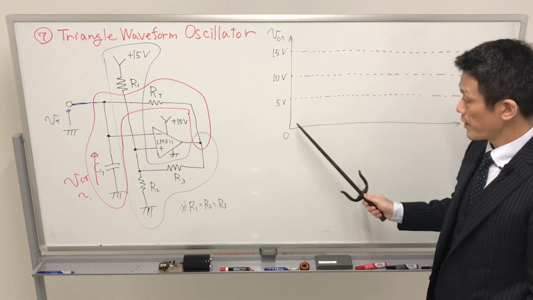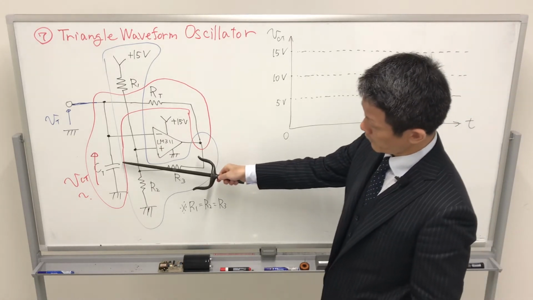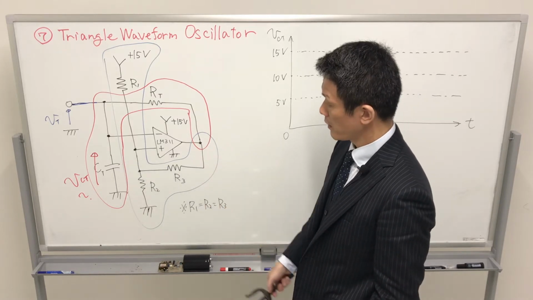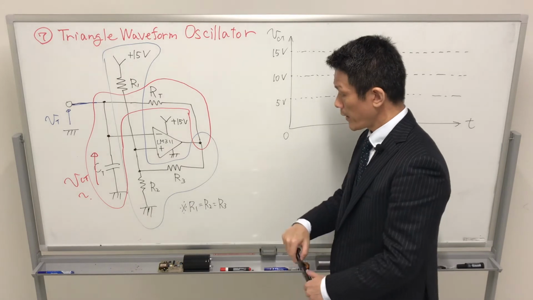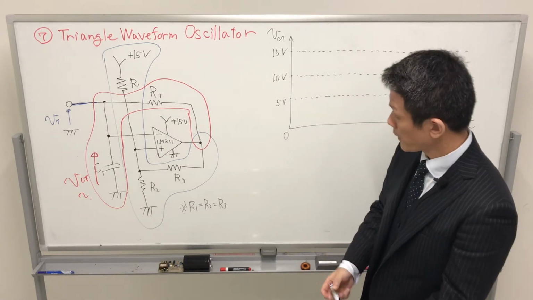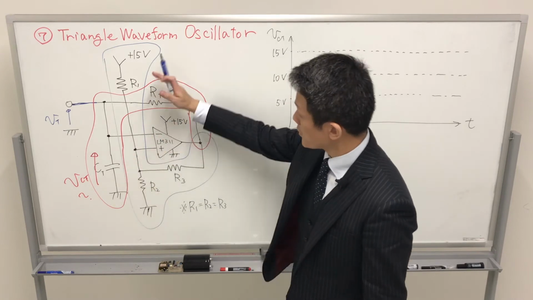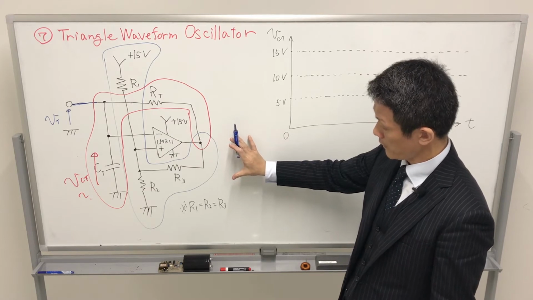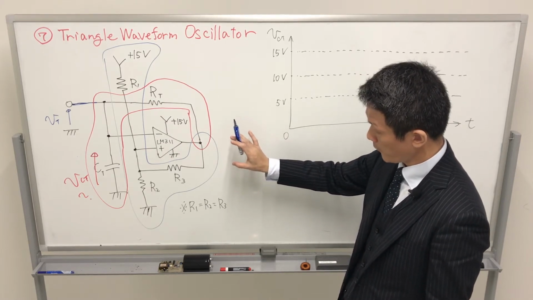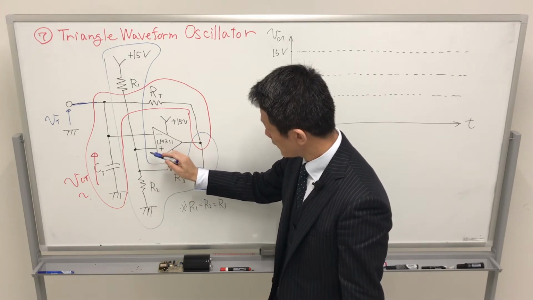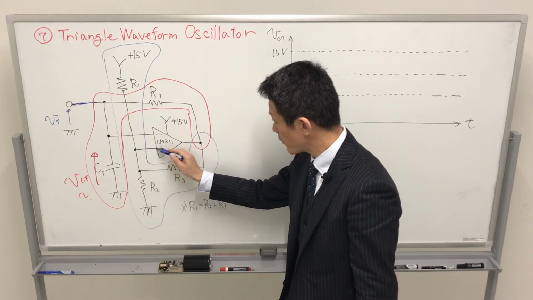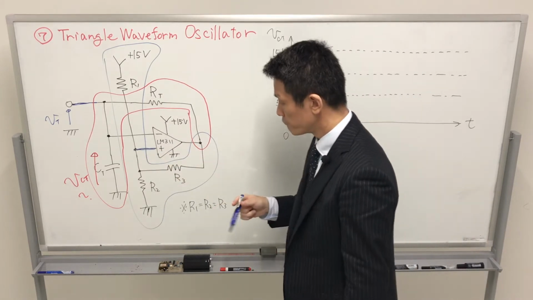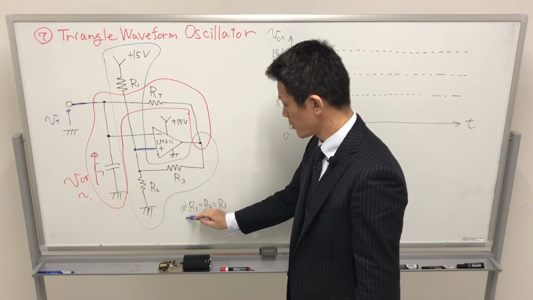First of all, at time 0, there is no charge in the capacitor CT. When this switch turns on, this circuit starts its first operation. We must check this voltage. What is the voltage value? The condition is here.